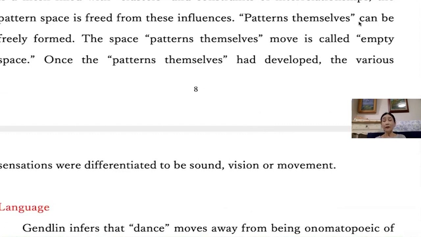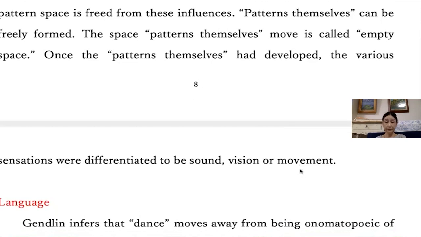Patterns themselves can be freely formed. The space in which patterns themselves move is called empty space. Once the patterns themselves had developed, the various sensations were differentiated into sound, vision, or movement.